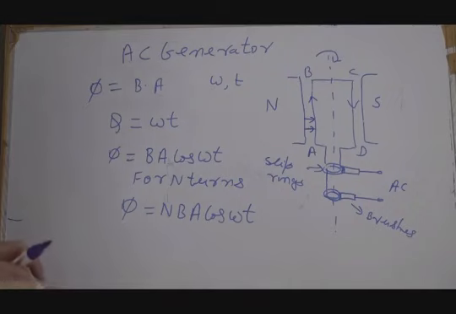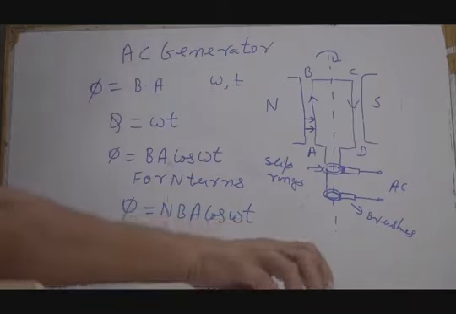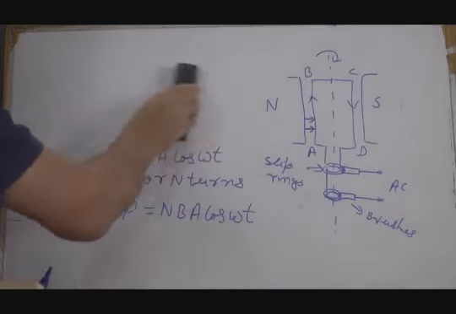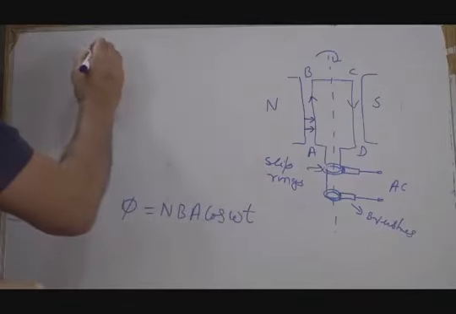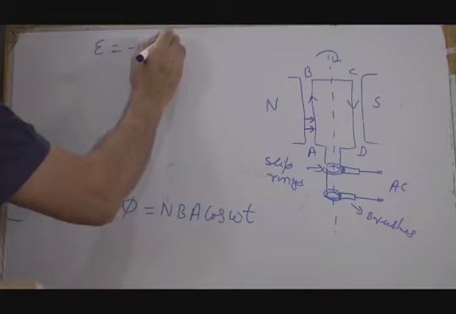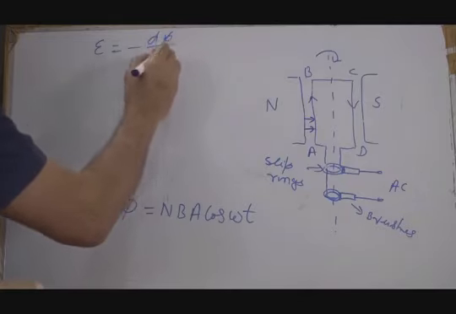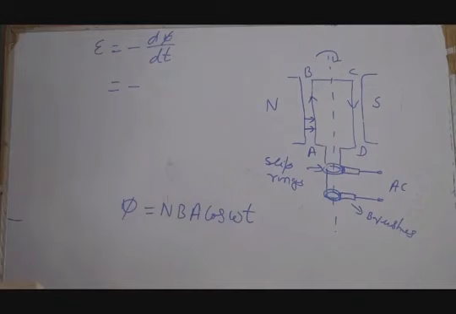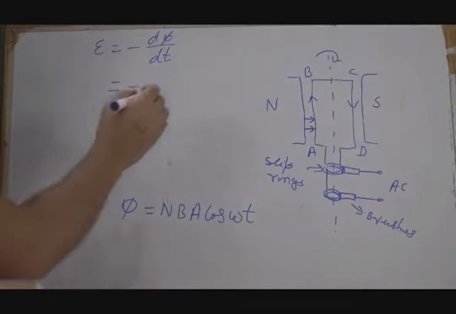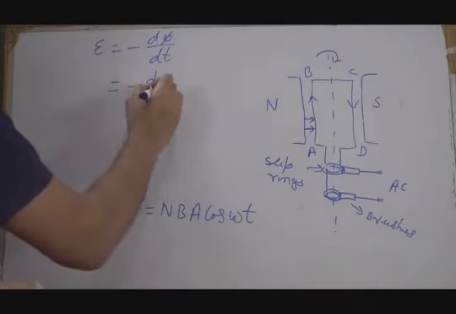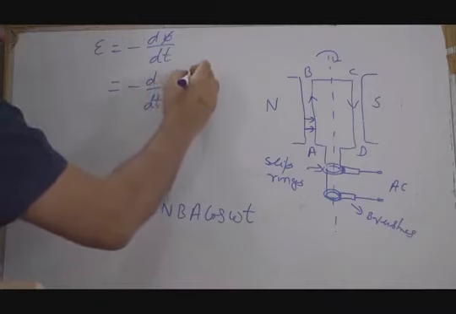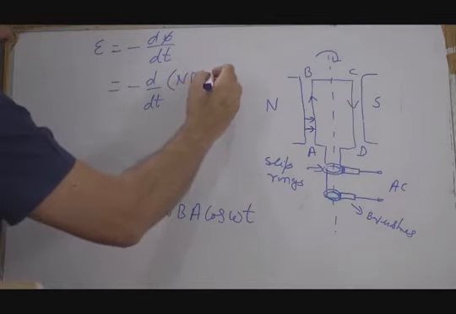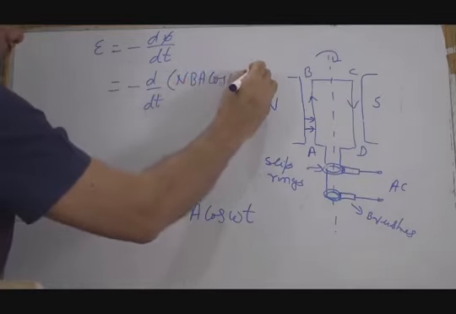Now we know that the rate of change of flux is equal to induced EMF. So induced EMF will be equal to minus d phi by dt, minus d by dt of NBA cos omega t.